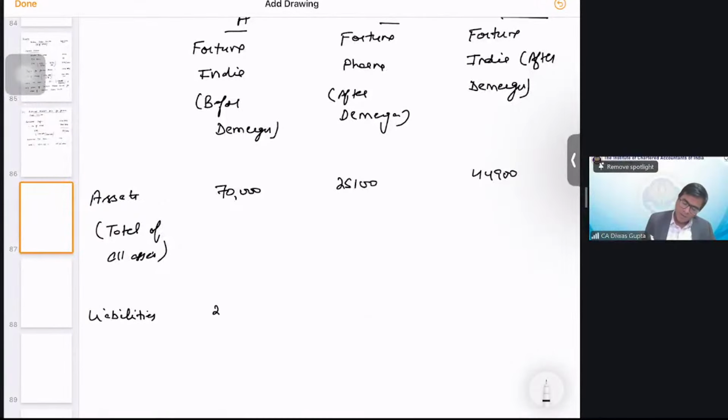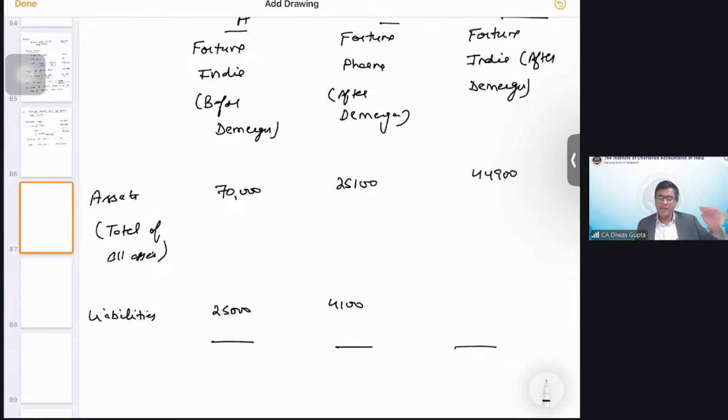So 25,000, 4,100. Okay. First of all, the liabilities for Fortune India after demerger will be 20,900. Right? This is just the difference between both of them.